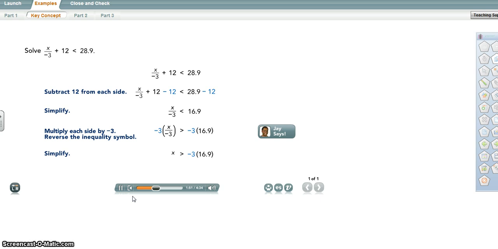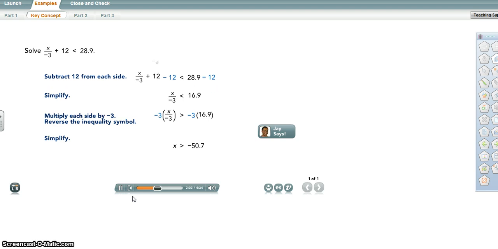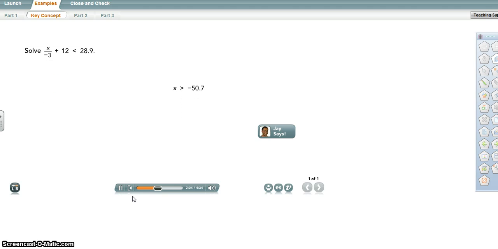Simplify again. X is now alone on the left side. -3 times 16 and 9/10 equals -50 and 7/10. So the solution is x is greater than -50 and 7/10.